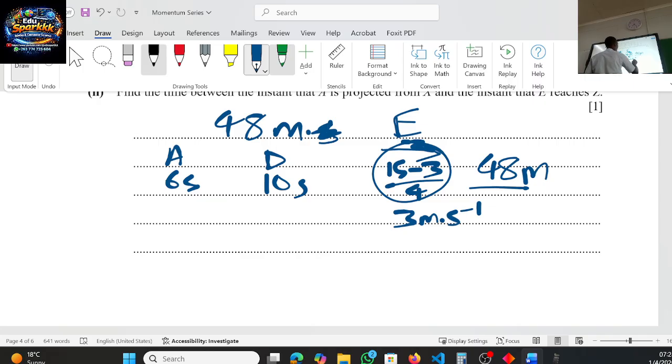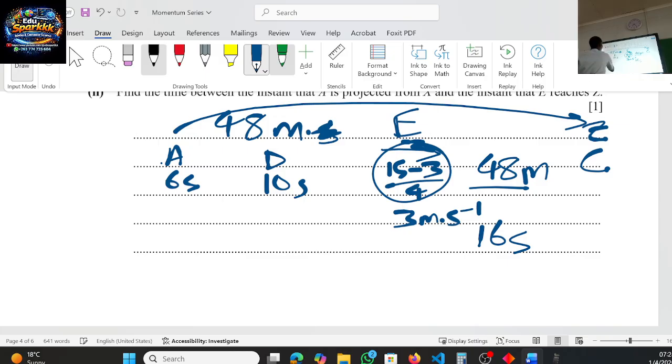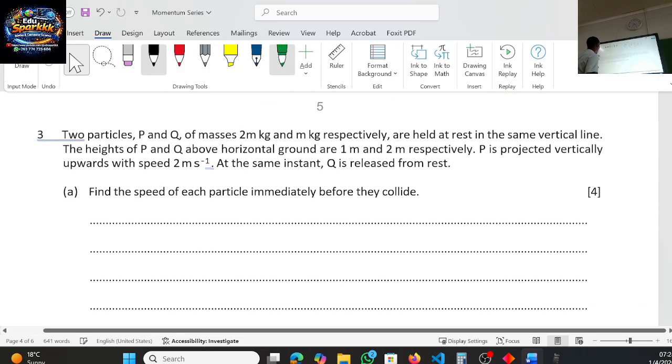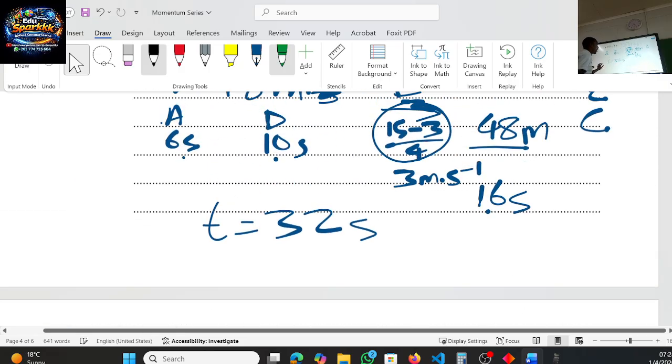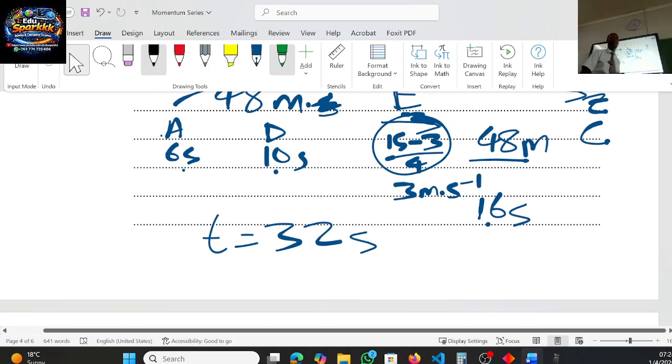So it gives me 16 seconds. So for A to reach point Z, A to move all this way, it needs 6 plus 10 plus 16. So in other words, the total time T is going to be 32 seconds for the object to reach the end.